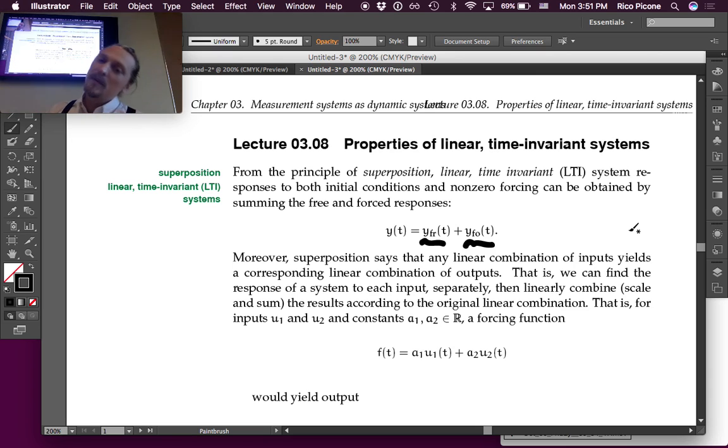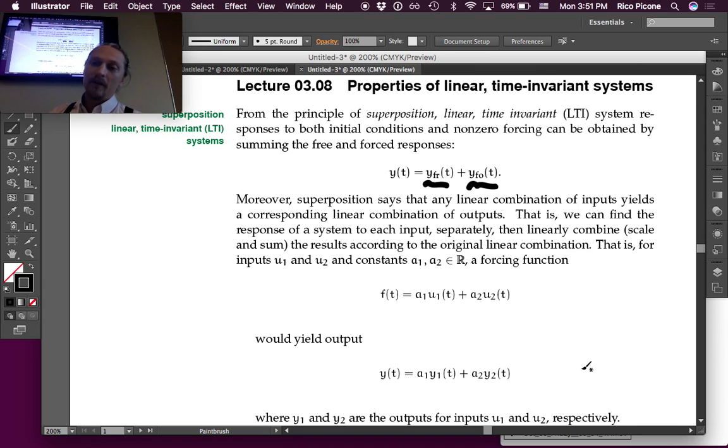So moreover, superposition says that any linear combination of inputs yields a corresponding linear combination of outputs. That is, we can find the response of a system to each input separately, then linearly combine by scaling and summing the results according to the original linear combination.